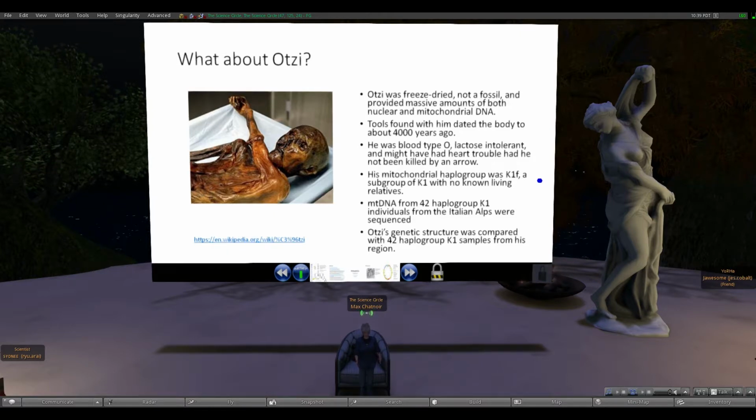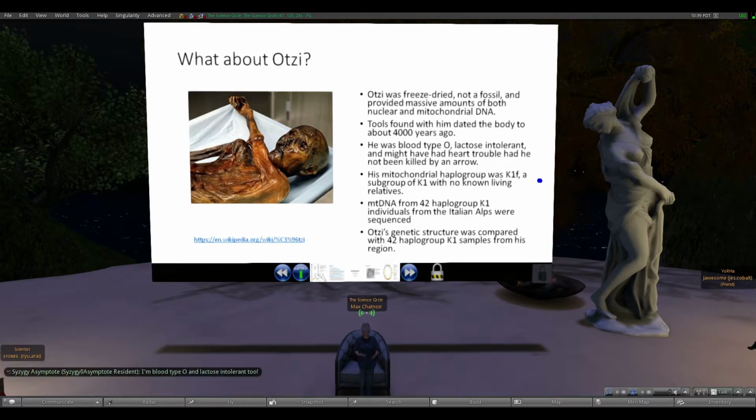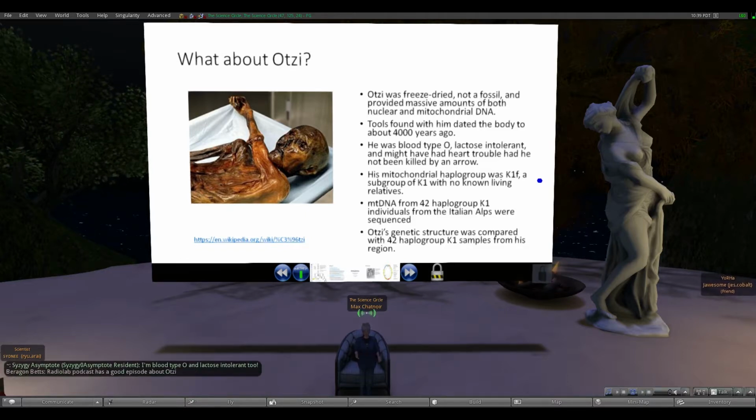His nuclear DNA was checked and he had blood type O, and he was lactose intolerant, and he might have had heart trouble if he hadn't been killed by the arrow. And his mitochondrial haplogroup was type K, which is a common European haplogroup. But his subgroup was K1F, and there are no living relatives of K1F in the databases.